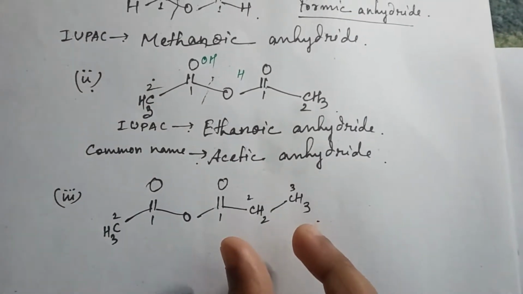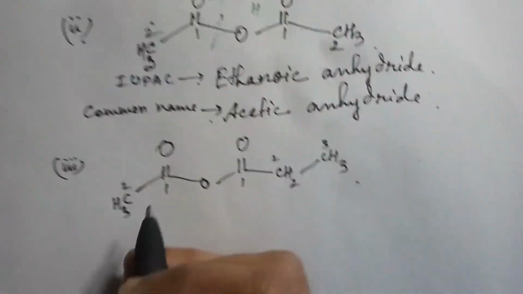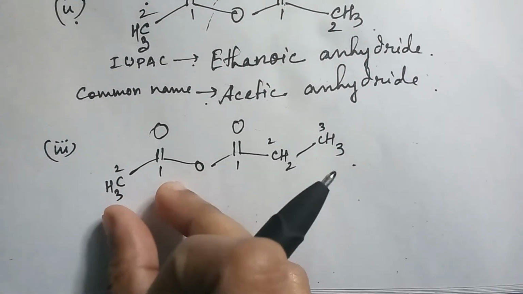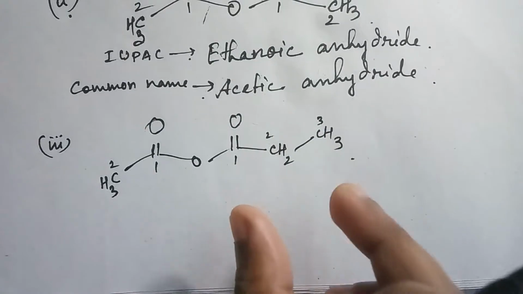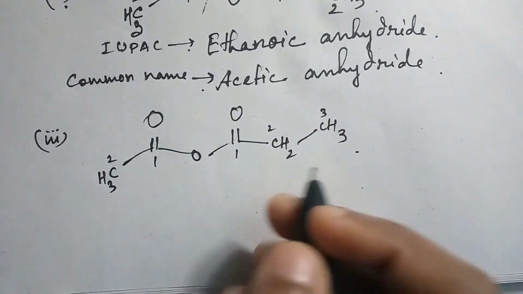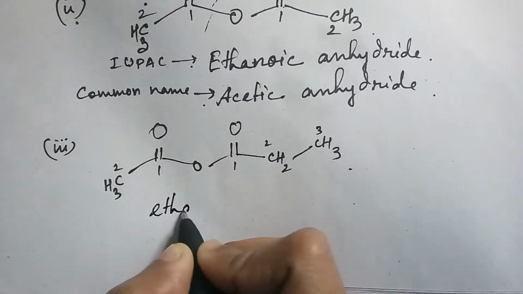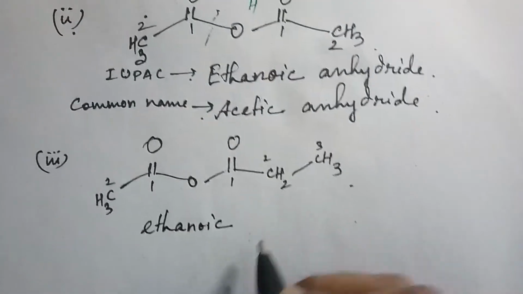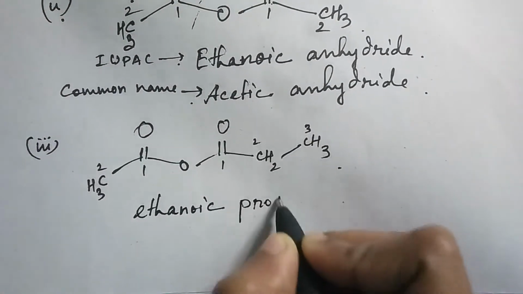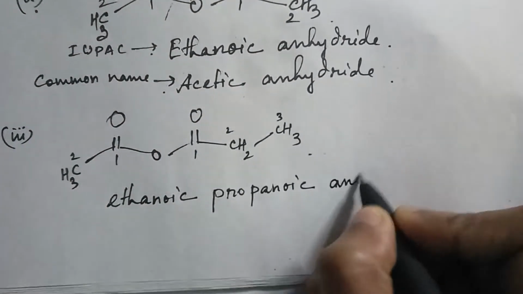For 3 carbon atoms we know propane. Right? And in case of anhydride we know the suffix is oic anhydride. So here it will be ethanoic, propanoic. Now you just see alphabetically E comes first, then P. So we will first write eth, that is ethanoic, then propanoic, then anhydride.